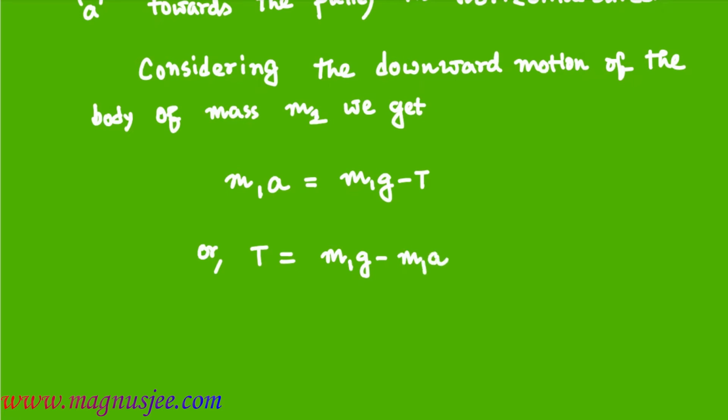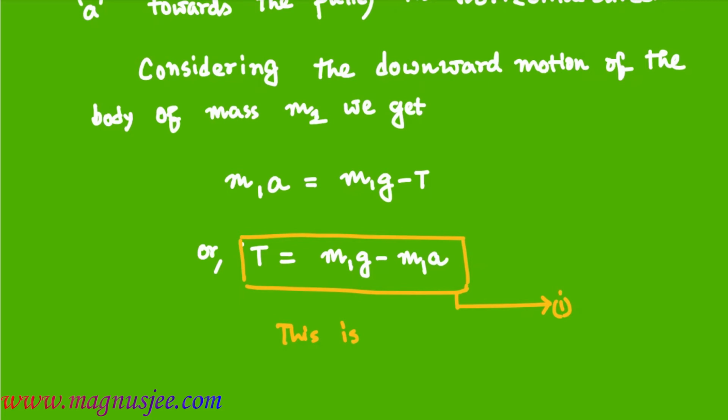This is the same formula as that of the apparent weight of a body in a lift moving downwards with a certain acceleration. In that case, apparent weight will be true weight or actual weight minus mass into acceleration. And here also we get the tension, which is m1g minus m1a.